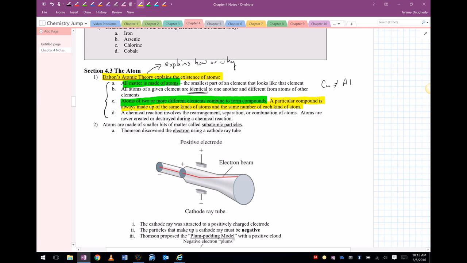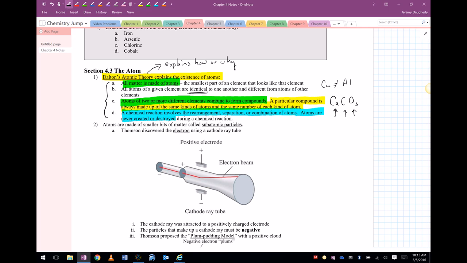And this gets back to the law of definite composition, or law of definite proportions. And that is the same thing that we talked about earlier. Calcium carbonate is always made up of one calcium, one carbon, and three oxygens. And then finally, he went on to say that a chemical reaction involves the rearrangement, separation of, or combination of atoms. Atoms are neither created nor destroyed.